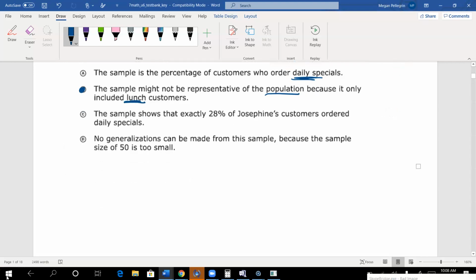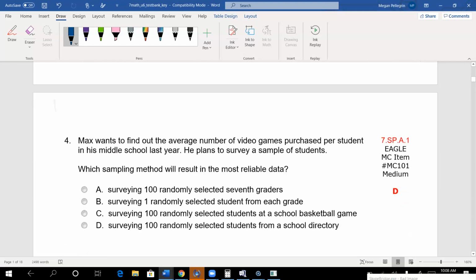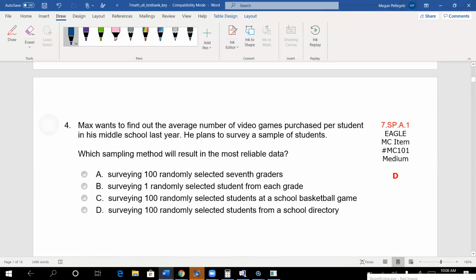Okay, let's continue on. Number 4. Max wants to find out the average number of video games purchased per student in his middle school last year. He plans to survey a sample of students. Which sampling method will result in the most reliable data?